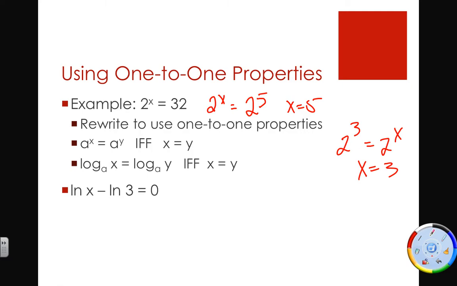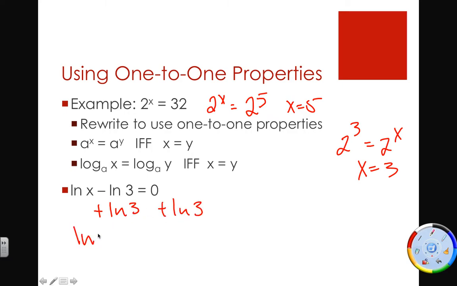So ln of x minus ln of 3 equals 0. Now, some of you are going to want to go straight away to using our properties that we dealt with a few days ago, where we said, okay, minus means division. But this one actually leads a little better if I add natural log of 3 to both sides.